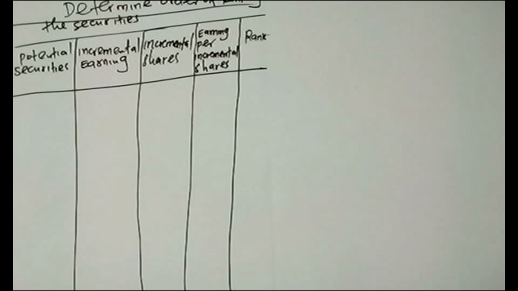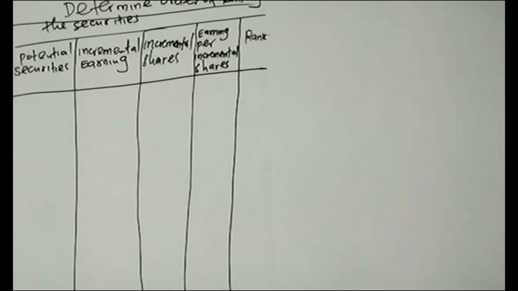Let's say, for example, the entity has issued convertible preference shares. If this security is converted to ordinary shares, remember that initially the return which this entity was supposed to pay to the preference shareholders was in terms of dividends. But now, since the security is converted to ordinary shares, the entity will never pay the dividends, which means the entity will make a saving.